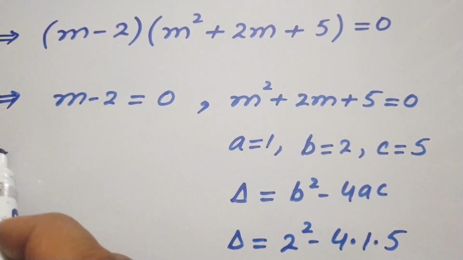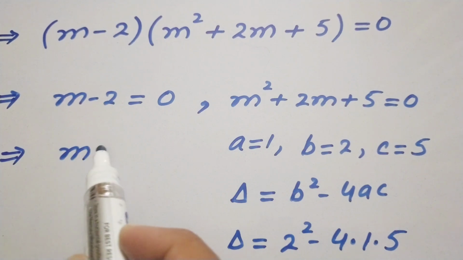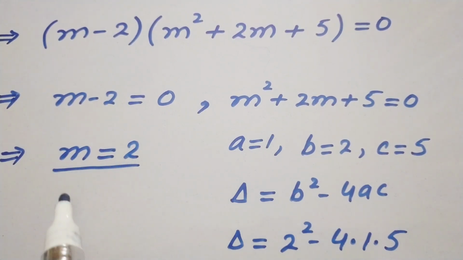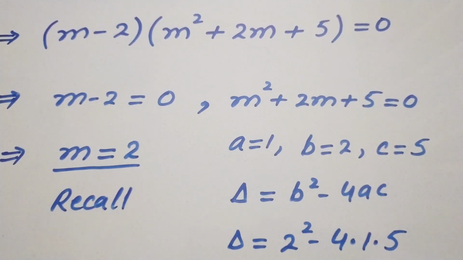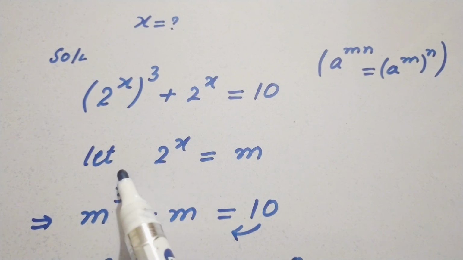And here m minus 2 is equal to 0. This implies m is equal to 2. So recall our substitution. As we have supposed that 2 power x is equal to m.